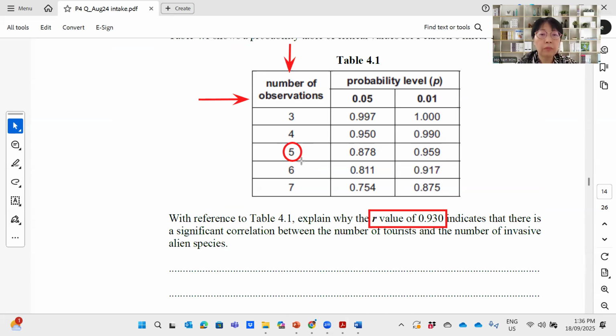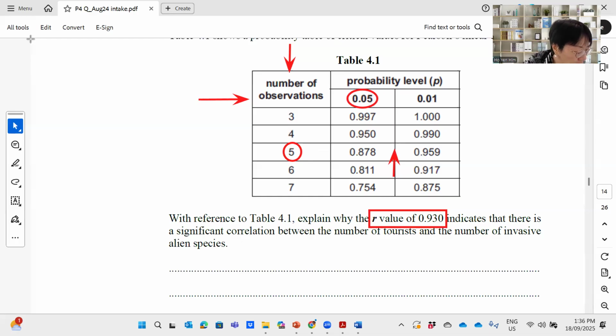Then your calculated value 0.93 is here. Okay, so therefore, you also need to know that you are concluding based on this figure here, 0.05. Okay, so how do you write your answer?